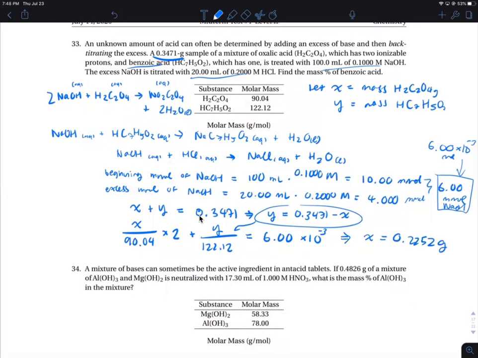Because we already found the mass of the oxalic acid, we can substitute back to find Y. So Y is just going to be that minus that. And then we divide whatever we get for Y by the total mass of the sample, 0.3471. I don't have the numbers right now, but you can calculate that using this.